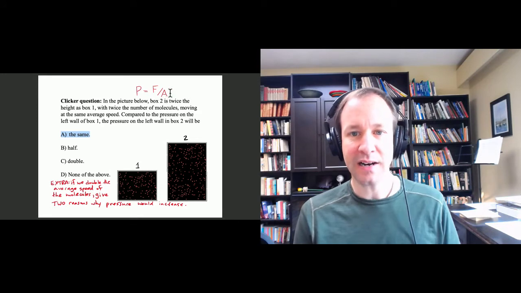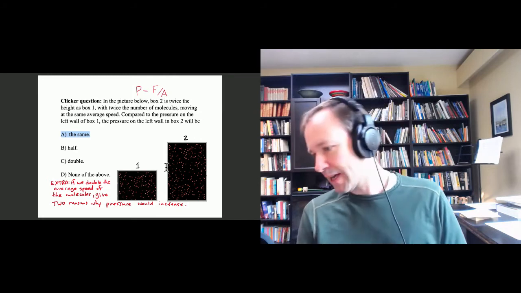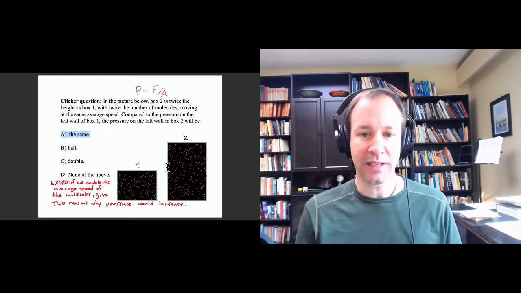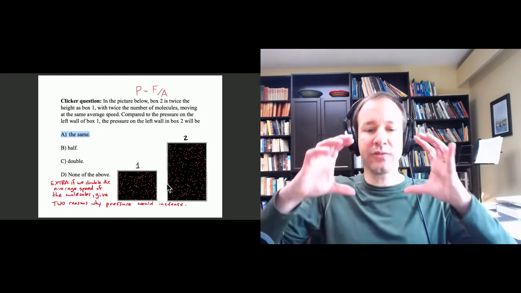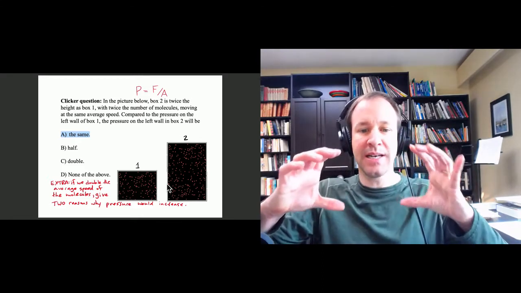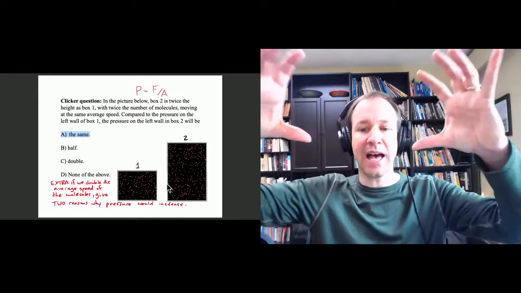So we see that the area doubles, but we can also understand that the force on the left wall in number two is going to be twice as much as the force on the left wall in number one. And the reason is that system number two, it's really like taking system number one and then just placing another copy of that on top.